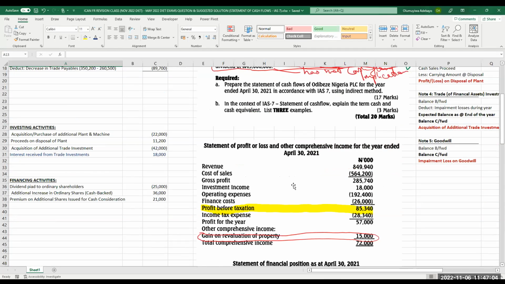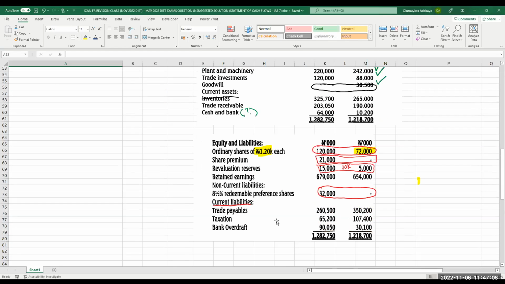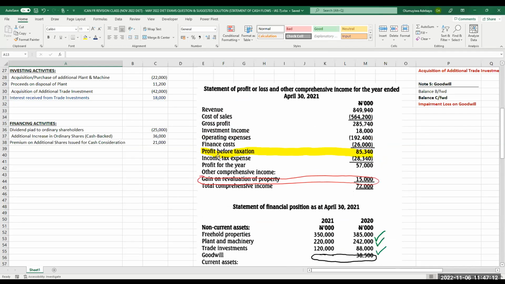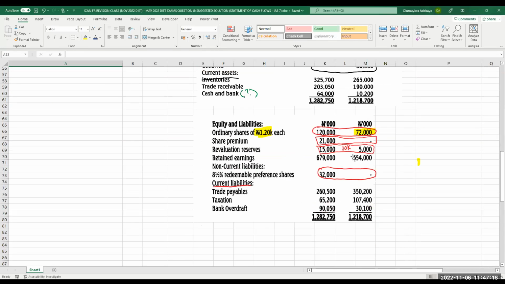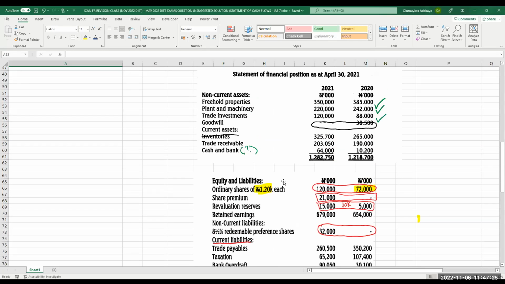Now, let's come to this level. There's a finance cost here, 26 million. Okay, and it doesn't constitute any payable because there's no other payable other than trade, which means that amount has since been paid.